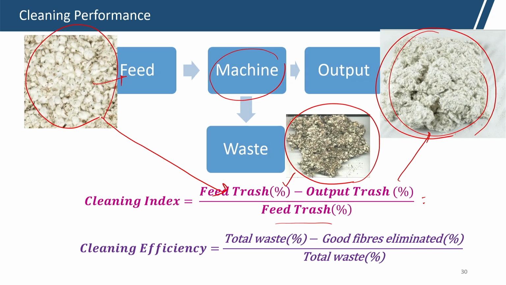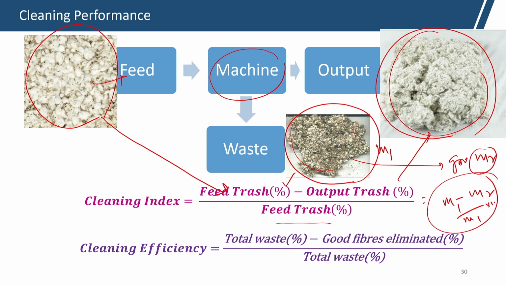Total trash in waste is M1, and M2 is the good fiber, so good fiber elimination percent is (M1 minus M2) by M1 into 100.